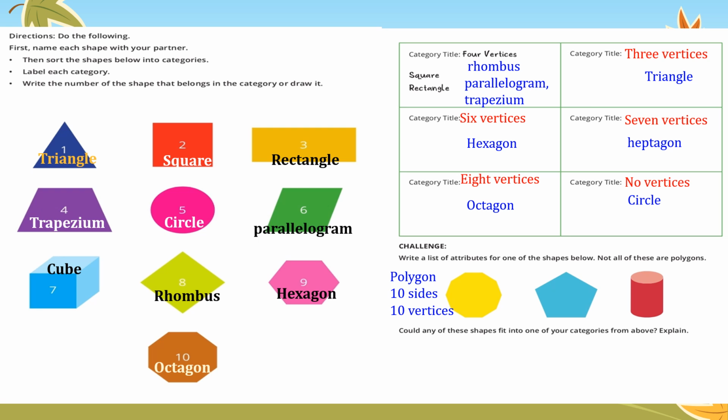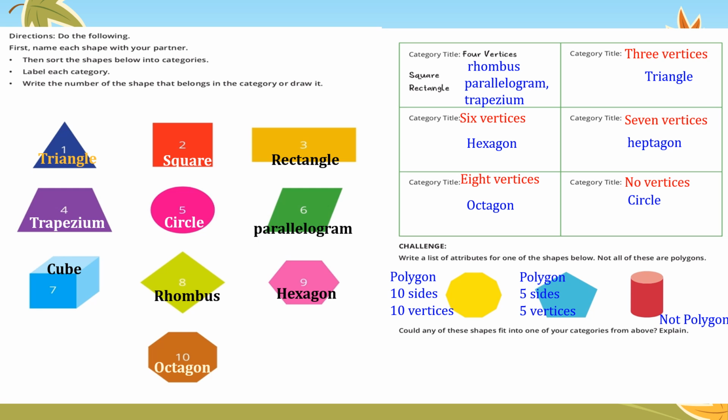The next one, it's a polygon also, and it has 5 sides and 5 vertices. The last one, is it a polygon or not? No, it's not a polygon. Why? Because it has some curves, right? So it's not a polygon.